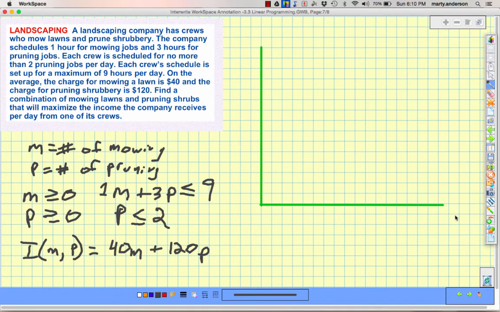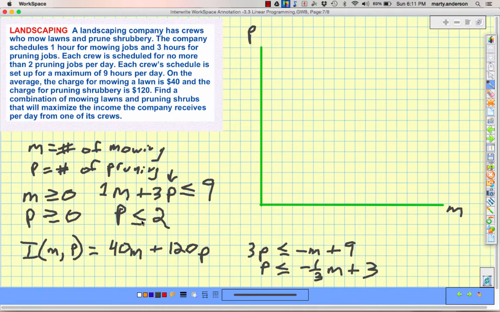It appears as though I have selected the M as the X coordinate and the P as the Y coordinate when I wrote it down here. I do need to solve that one then for P, because that's my Y coordinate. So I would have 3P less than or equal to negative M plus 9. P less than or equal to negative 1/3 M plus 3.